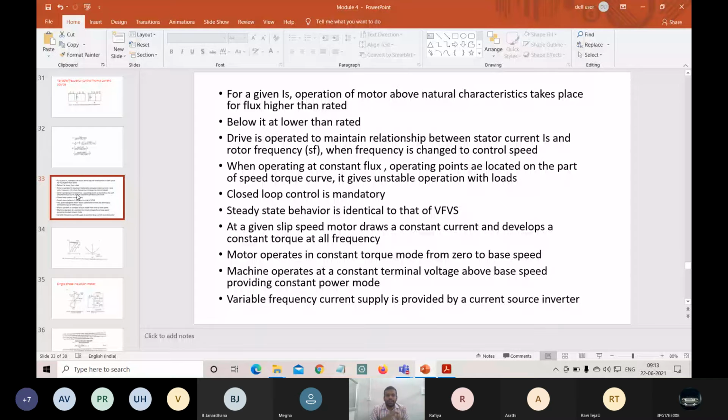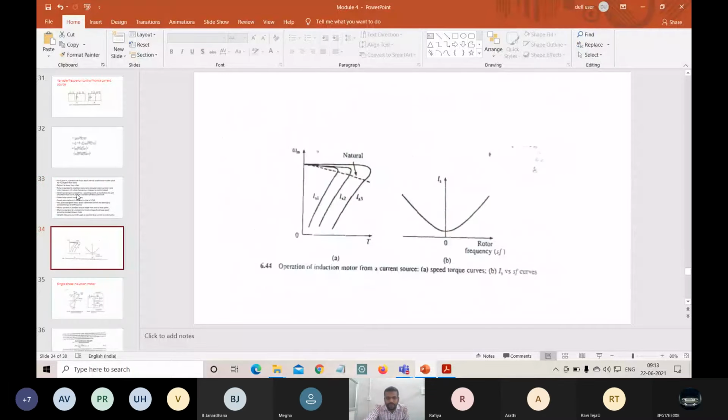Okay. And the current source drive is operated to maintain the relationship between the stator current IS and the rotor frequency SF.